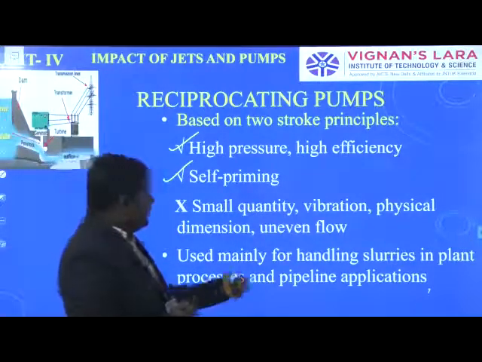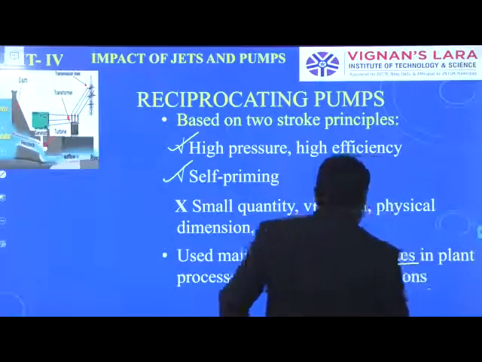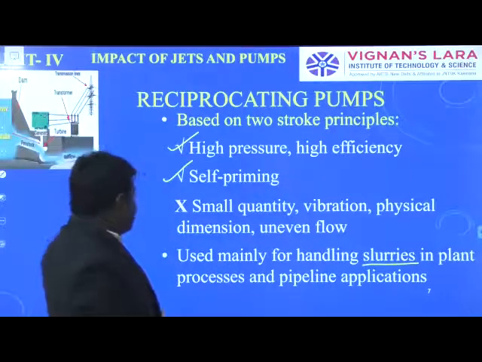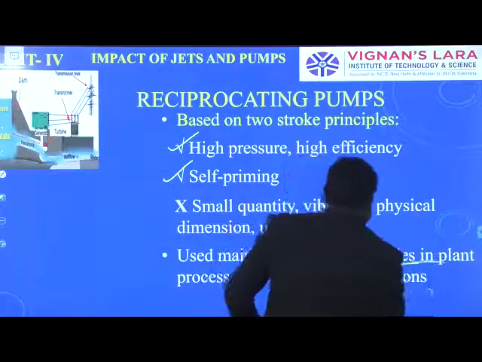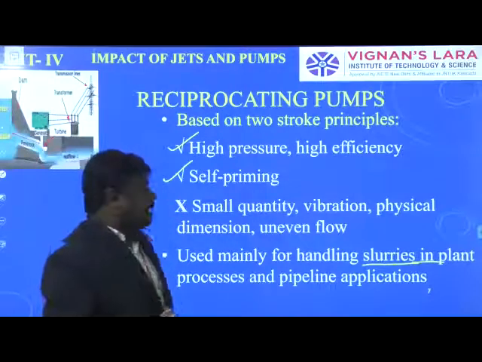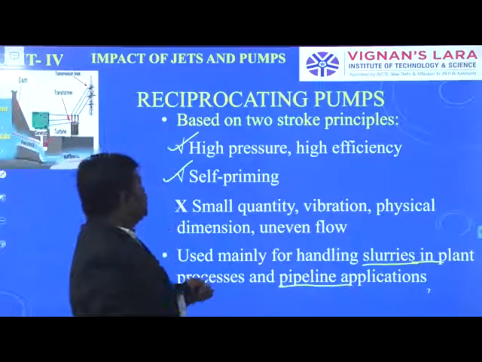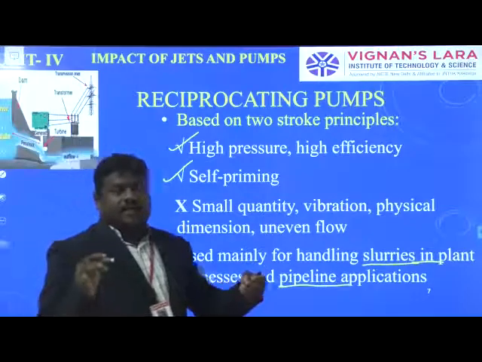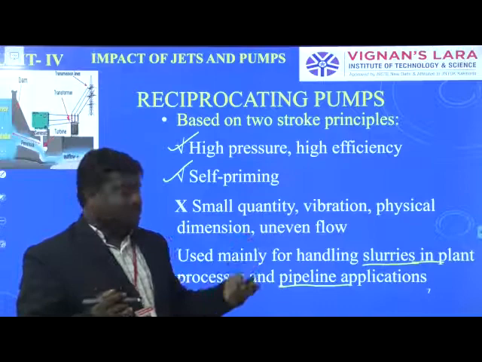It is used mainly for handling slurries in plant, process, and pipeline applications. The main thing is the pipeline application; we install these pumps in pipelines, and they are all reciprocating pumps.